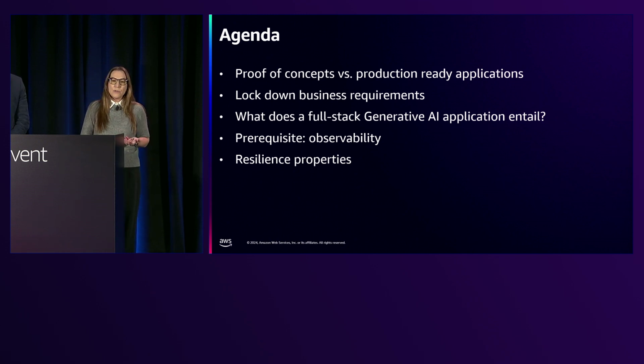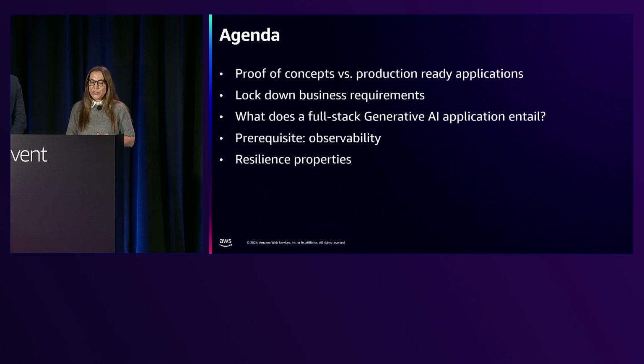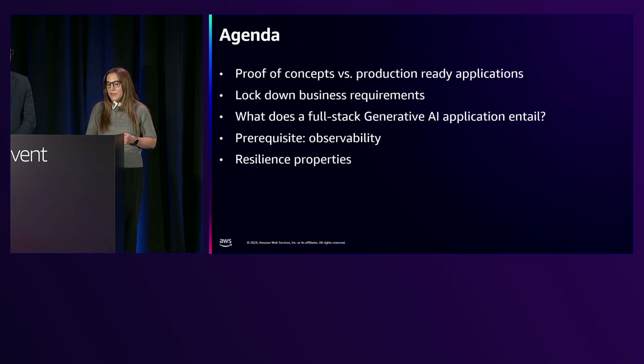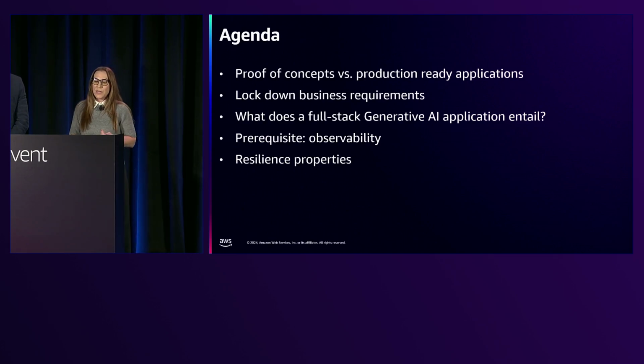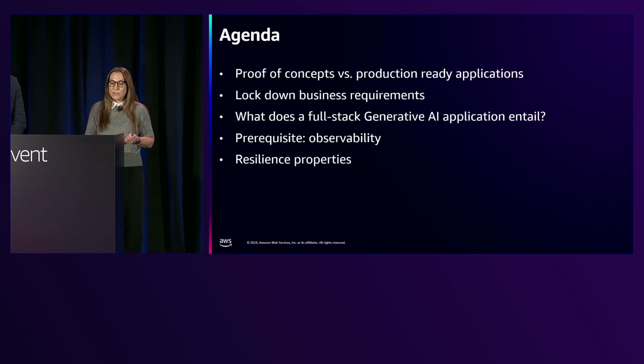And then we're going to also explore the categories that can challenge these properties. We're going to deep dive into each of these, and we're going to consider both conventional resilience patterns along with some additional considerations that are specific for Gen AI workloads. So by the end of this session, you'll have a comprehensive understanding of what it takes to build truly resilient Gen AI applications.